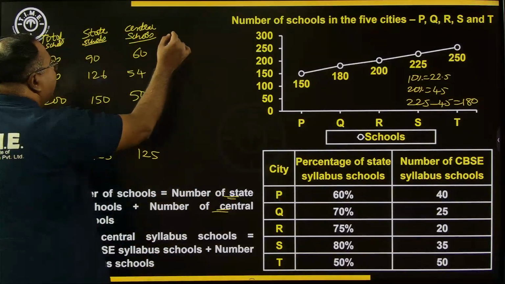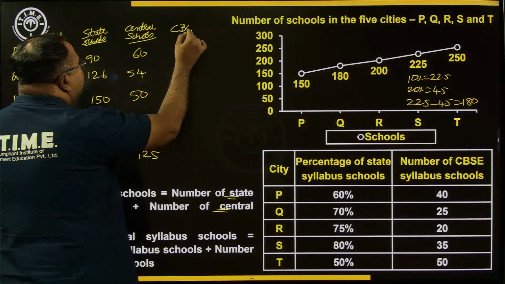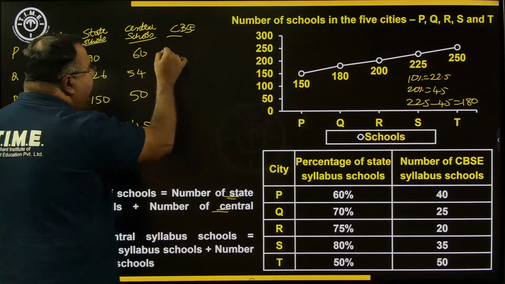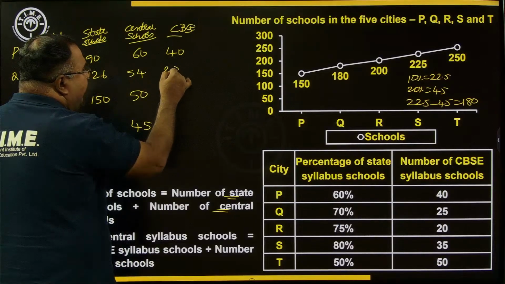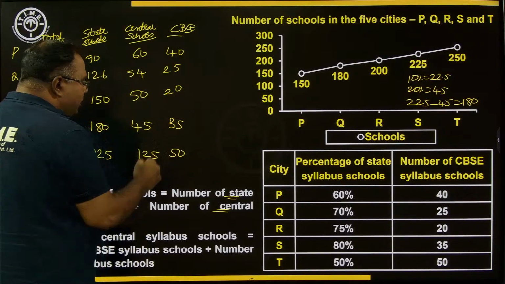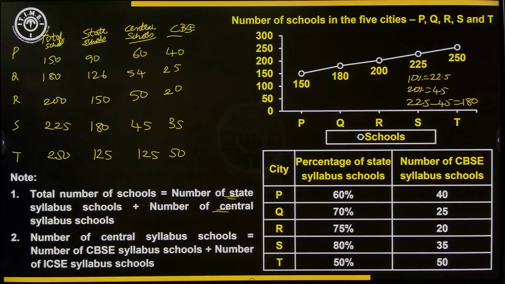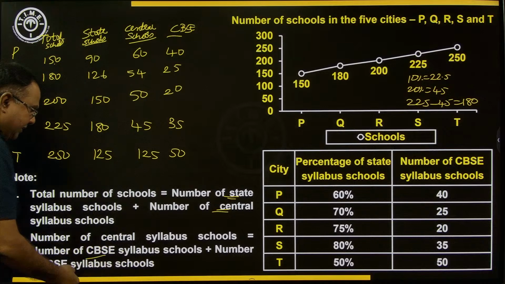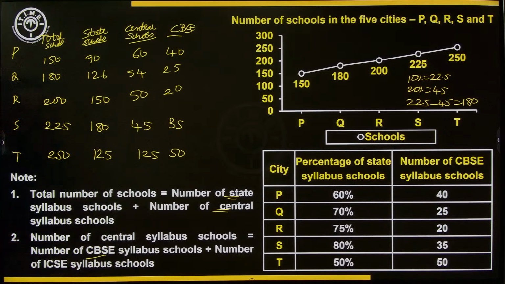Then number of CBSE schools. That number is given in the table, the last column: 40, 25, 20, 35, 50. Central schools is CBSE schools plus ICSE schools.